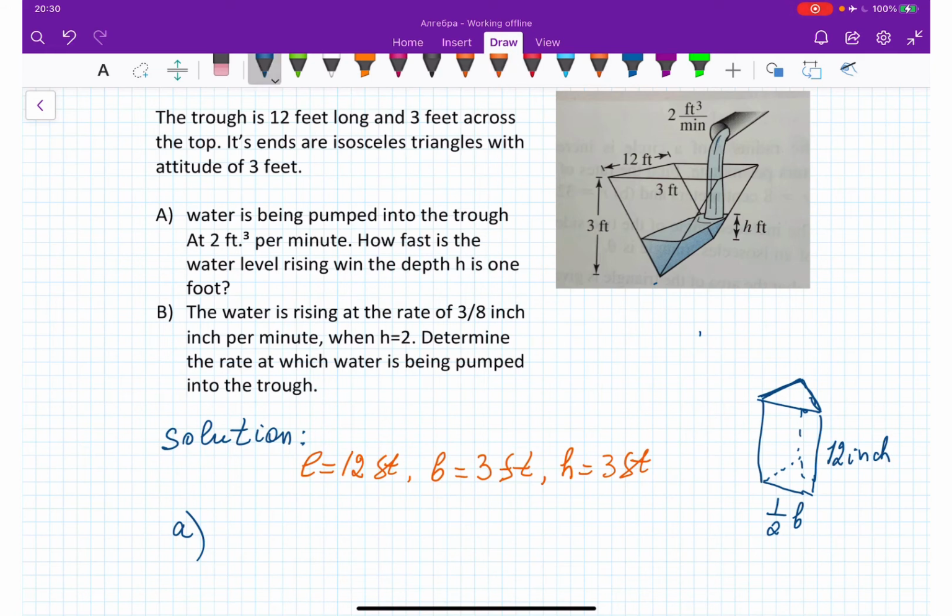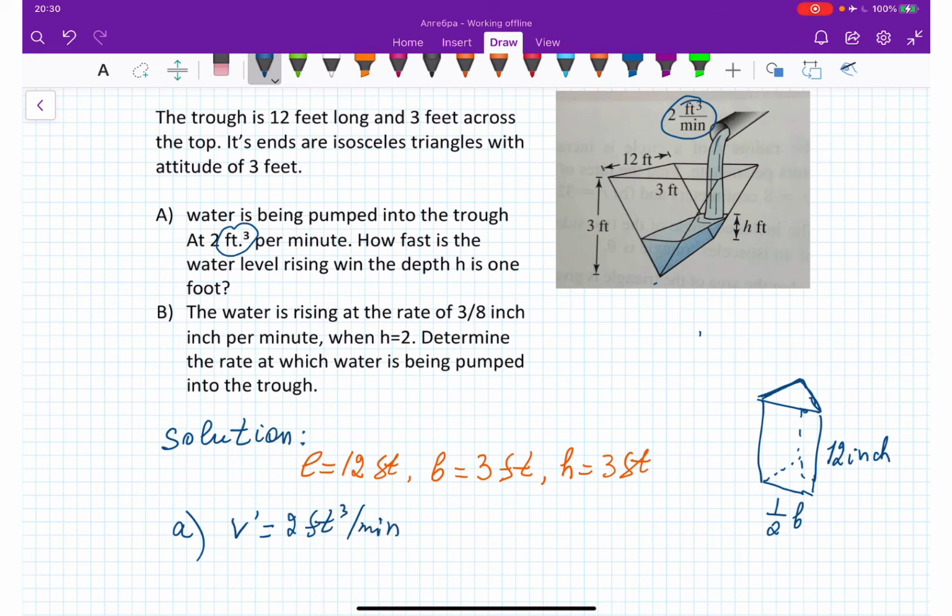Because we have cubic feet, then it's gonna be volume, because volume is the one measured in cubic. There we go. Here it is on the picture. So it's gonna be V prime. Okay, V prime is equal to 2 cubic feet per minute, the rate of change.